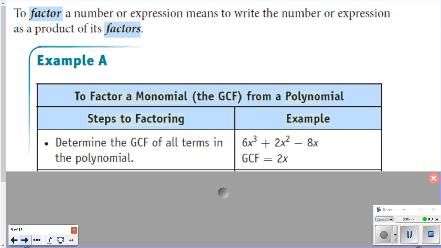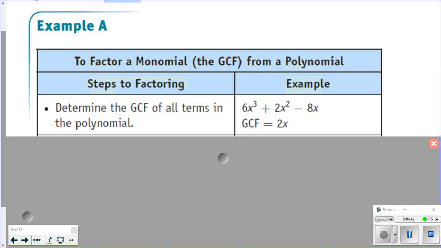A factor is any of the numbers or symbols that when multiplied together form a product. For example, 2 and x are factors of 2x because when we multiply 2 and x, we get 2x. So let's walk through example A and then we'll fill in some notes.